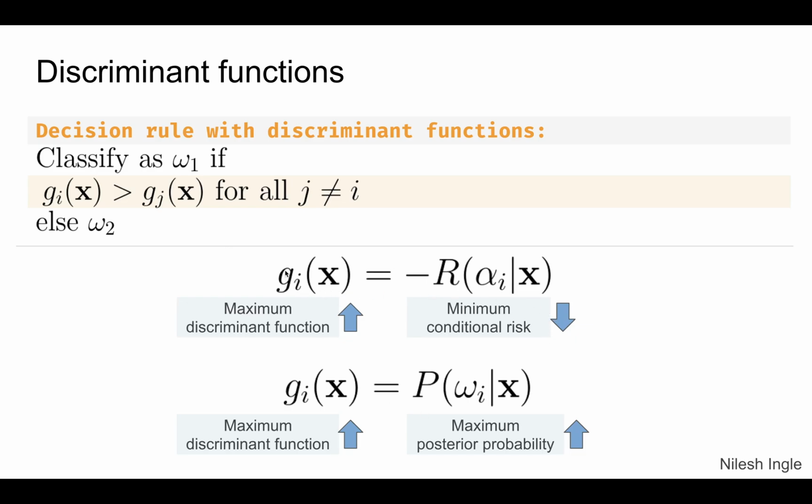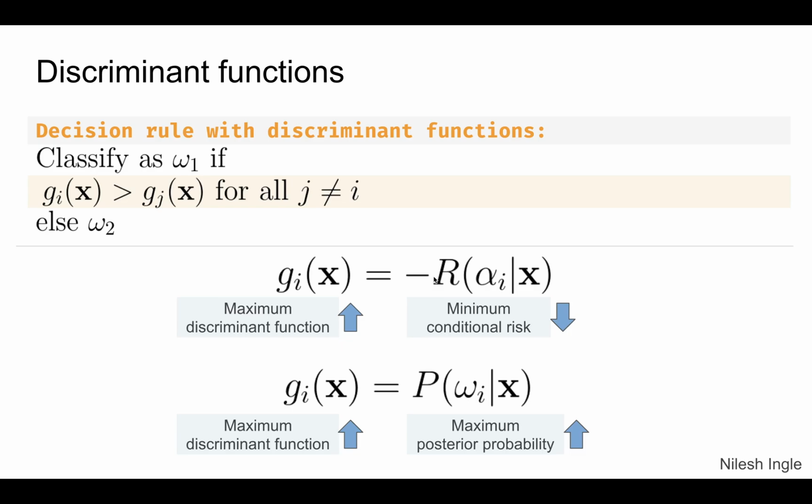The first one says that for the value of the discriminant function gi of x to be maximum, what we need is the associated risk to be minimum. So the conditional risk for action alpha i given x should be as low as possible, and therefore the negative sign.